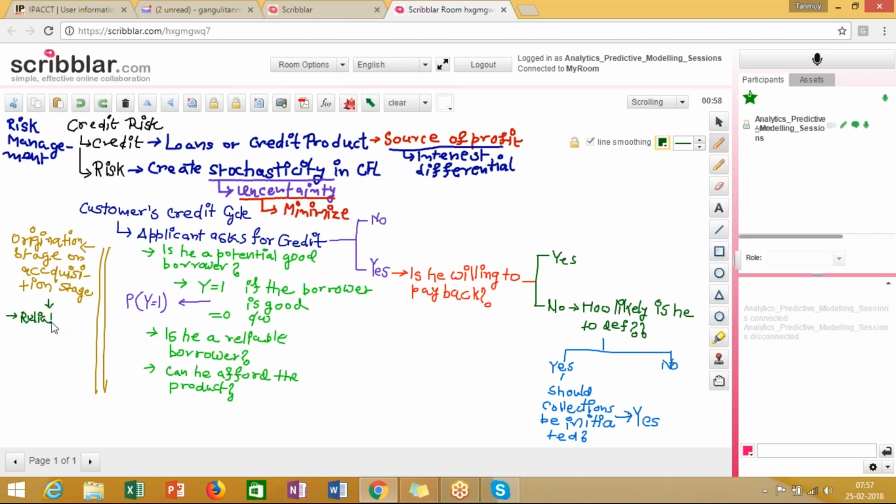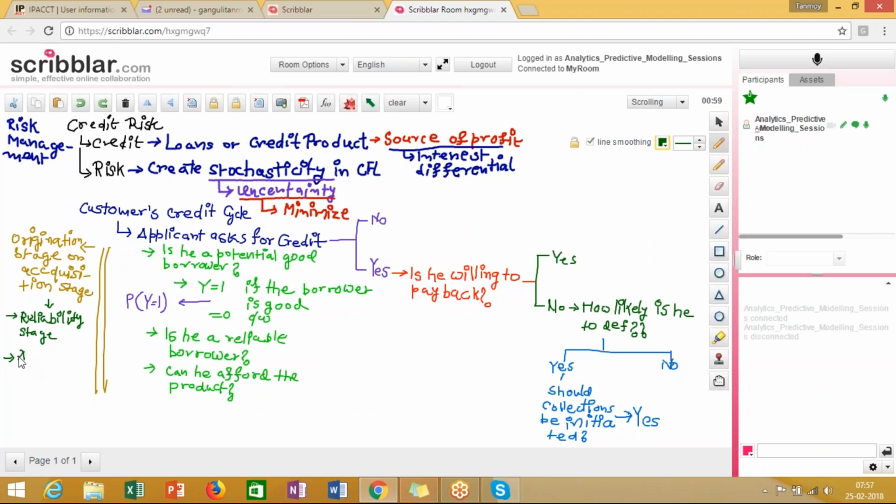These are the few important matrices which we look into at the origination stage of the customer's credit cycle. I'll just give you an overview now, and then we'll talk about details when we go on to the acquisition scorecards.